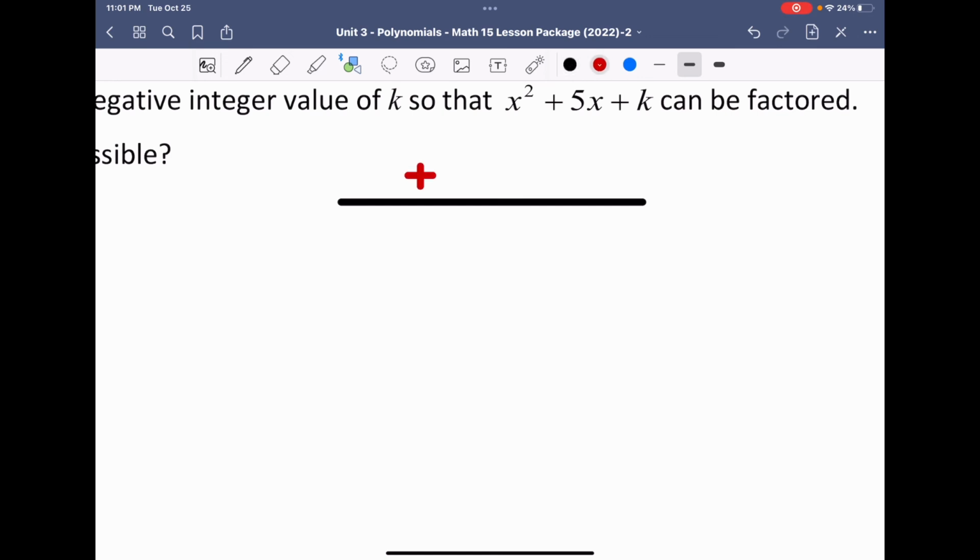So we need something that adds to make 5, but whose product is k. Things that add to make 5, we could put in 6 and negative 1, or 2 and 3 maybe. And so this is actually a prime example of a positive and a negative version.